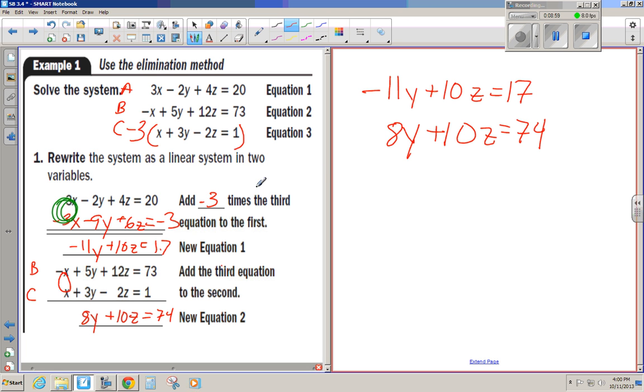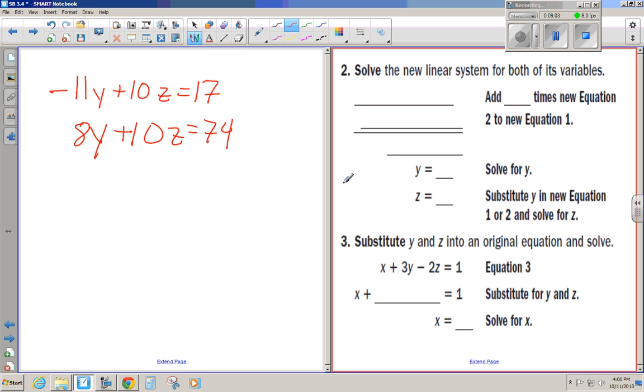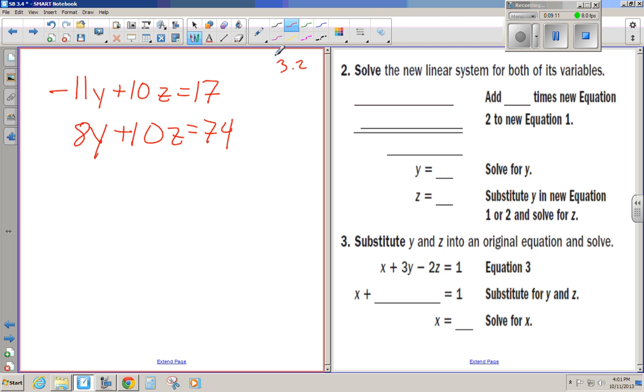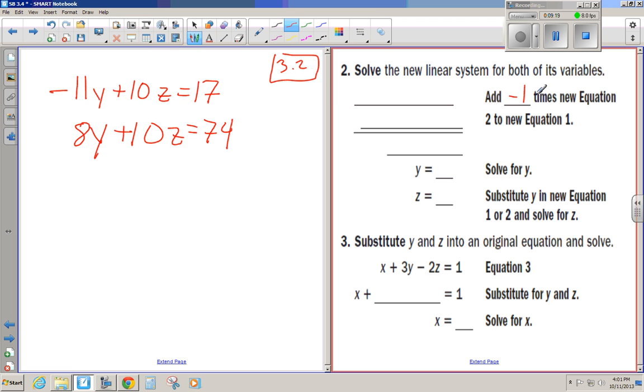So now what you have is here's an equation. It looks just like 3.2, where you now use substitution or elimination to solve again. But first you add negative 1 times the new equation 2 to new equation 1.